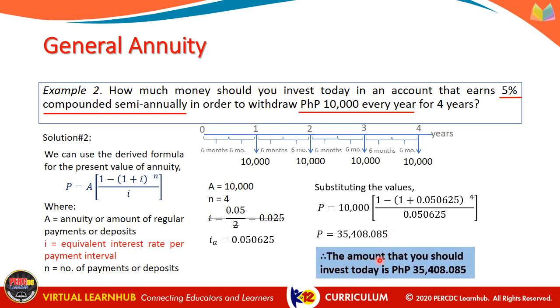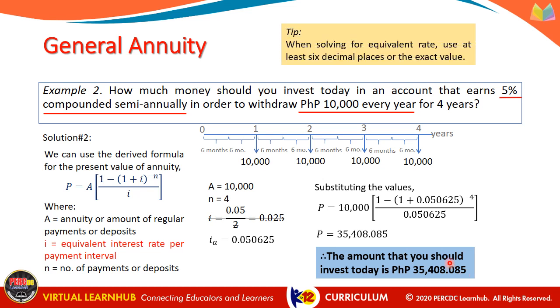Therefore, the amount that you should invest today in order to have 10,000 pesos withdrawal every year for 4 years is 35,408.085. Alright? Before I end, just want to give a tip. When solving for equivalent rate, use at least 6 decimal places or the exact value.